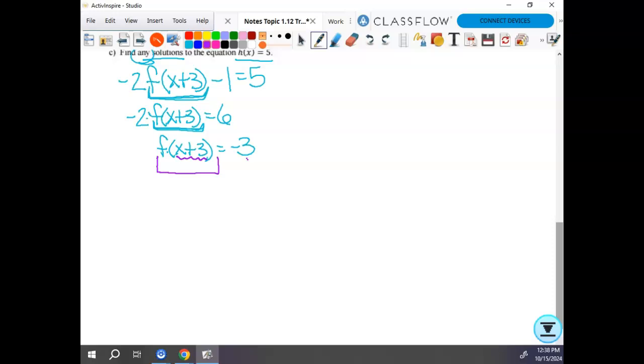I'm going to take this x value, which is x plus 3, and I'm going to set it equal to the x value where the y value is -3, which is -4. Then to figure out what the x value is, I subtract 3 from both sides, and x equals -7.